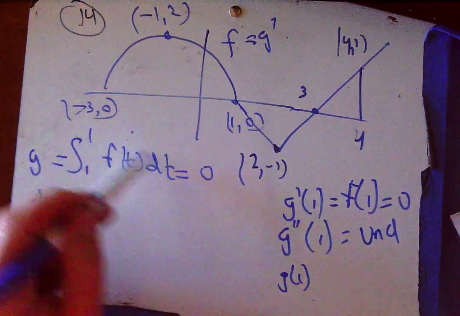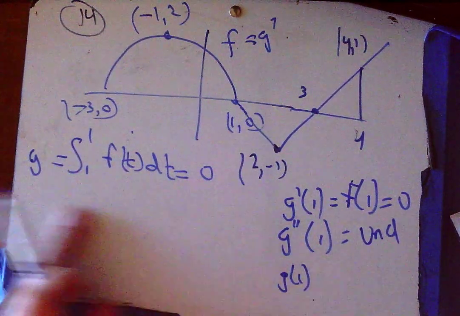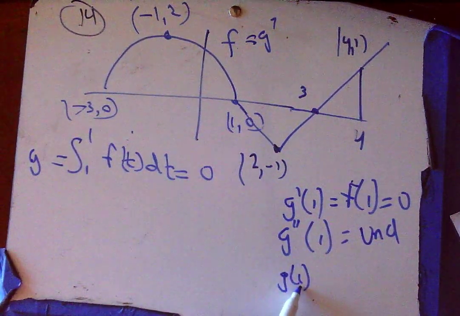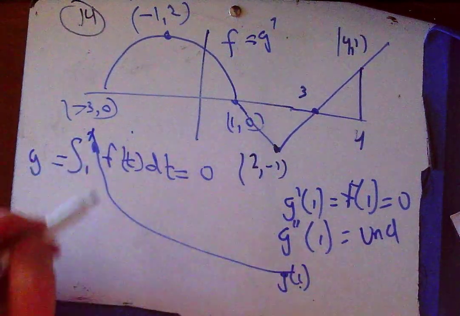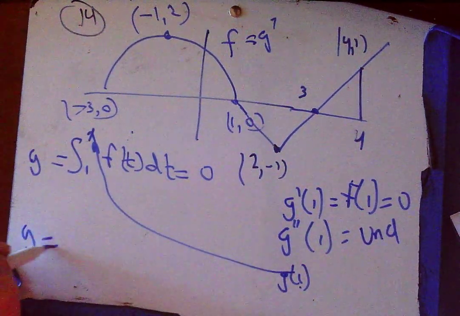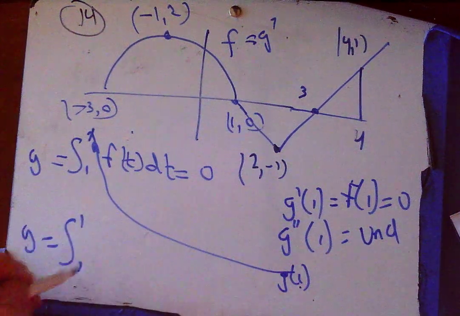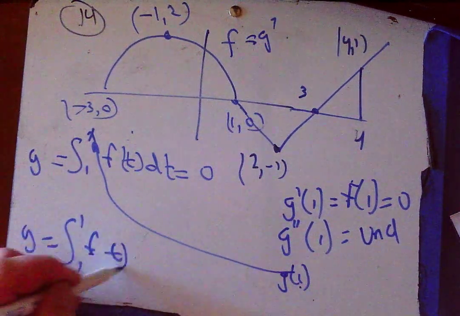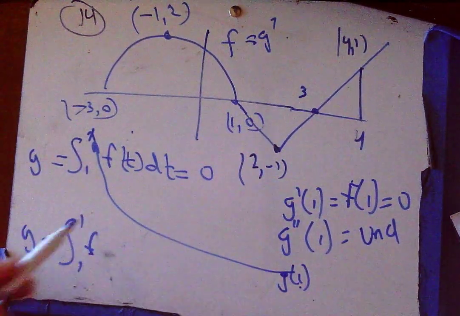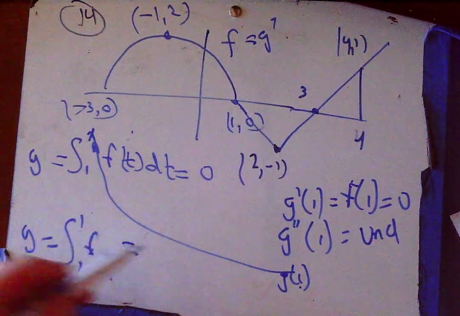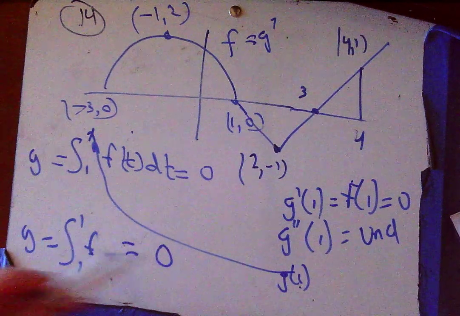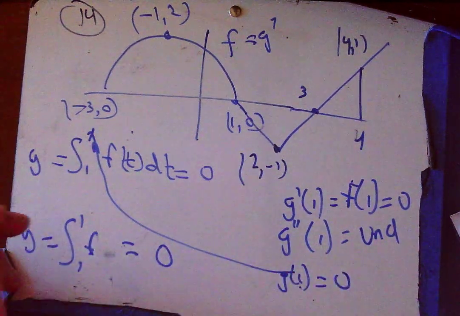So g is this integral, and g of 1, even though I think it's x here, g of 1 means put a 1 in there. So g is going to be the integral from 1 to 1 of f. And what is that integral? Well, maybe that integral is 0. So g of 1 is 0.